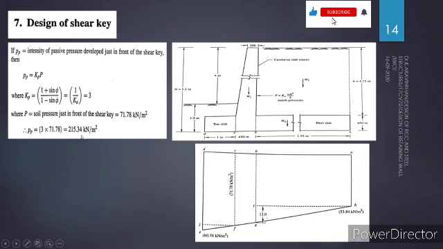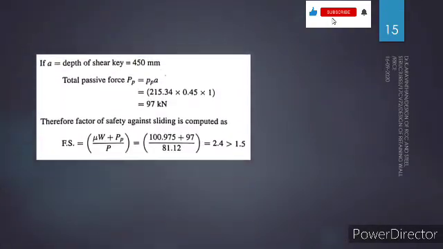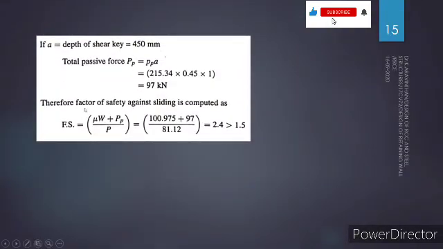If you multiply that, you will get the passive earth pressure. For this passive earth pressure, if you multiply it by 1, you will get 97 kilonewton. This is the force which is in addition.